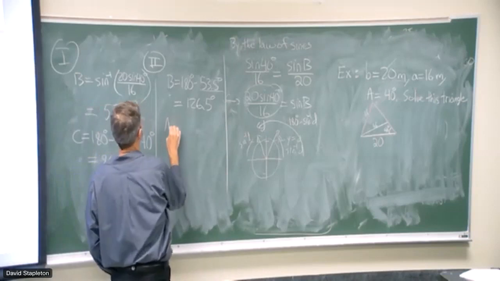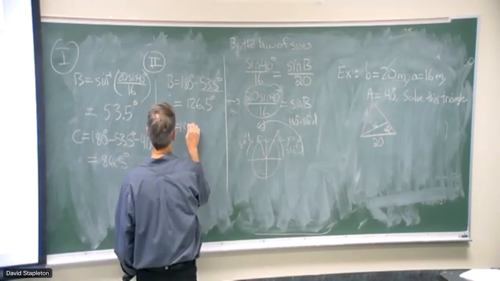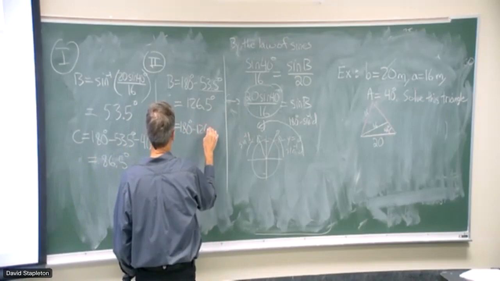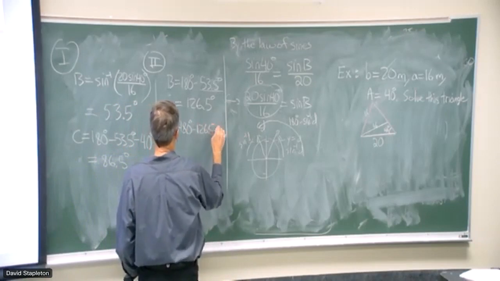This one, on the other hand, C will be 180 minus these two angles, 126.5 degrees and 40 degrees.